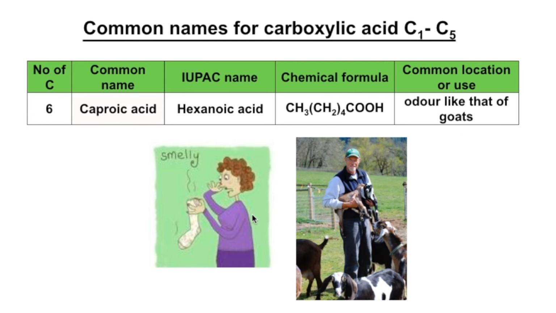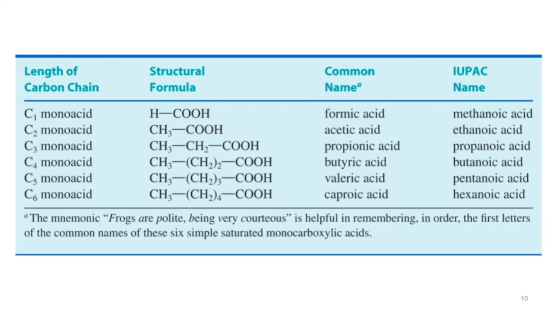The smelly, unpleasant odor is close to the odor released by a goat. So there you go, the six common names for carboxylic acid: formic acid, acetic acid, propionic acid, butyric acid, valeric acid, caproic acid.